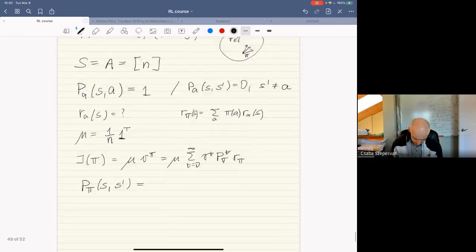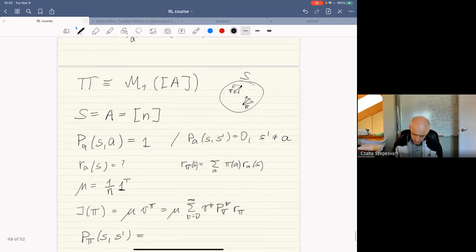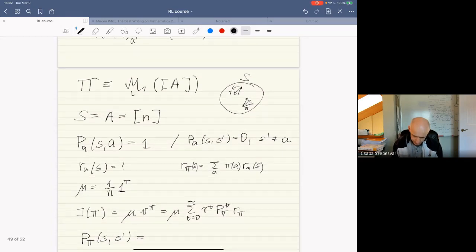Maybe I'm not too specific about that. These policies are just a single distribution over the actions now, because in every state you have to choose the same distribution. And let's call that distribution just pi.